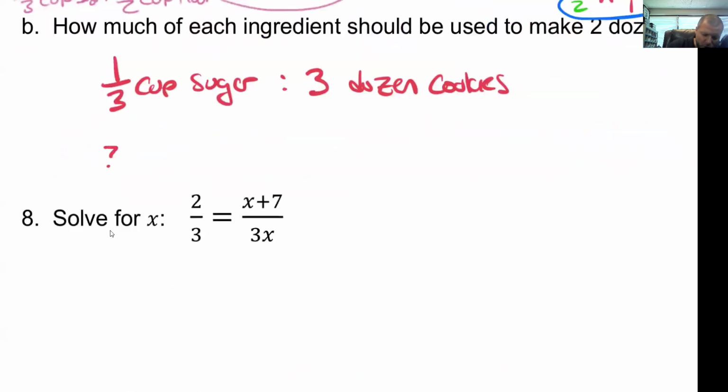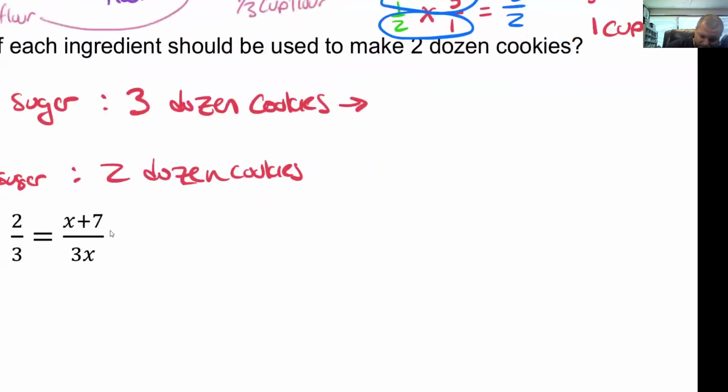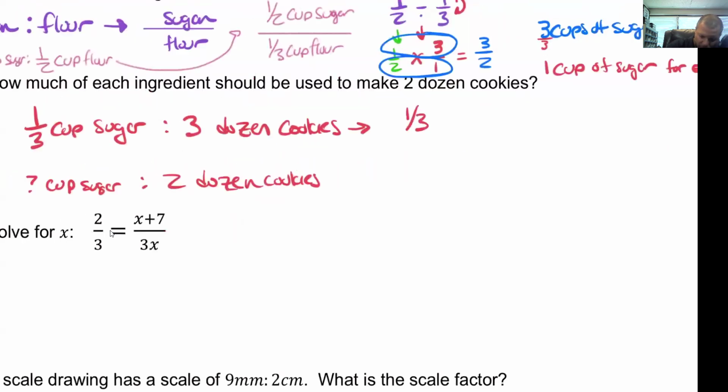We have some unknown amount of sugar, and we want to make 2 dozen cookies.